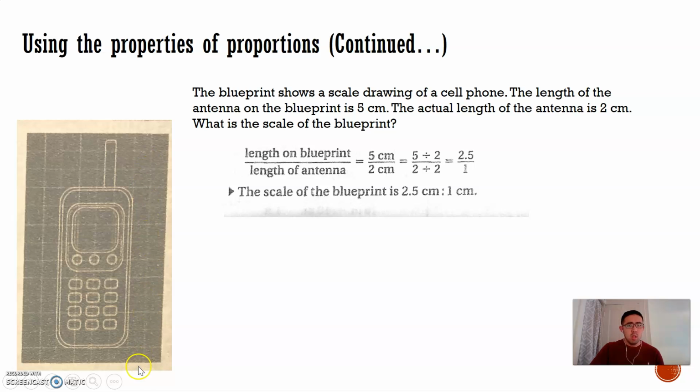The length of the antenna is 2 centimeters. So what they're trying to say is, what is the ratio of the blueprint to the antenna? So what you have is 5 centimeters to 2 centimeters. If you simplify it, you actually get 2.5 centimeters to 1 centimeter. That's the scale of the blueprint.